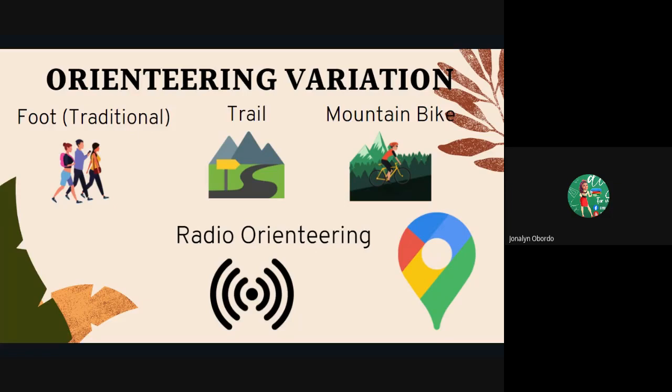Another variation ay yung paggamit mo naman ng trail, 'di ba? Yung trail, ito yung mismong lugar kung saan ka mag-o-orient, you will actually perform orienteering. Yung accuracy dito ang main objective ng trail. Dapat tama at hindi ka maliligaw. Okay?